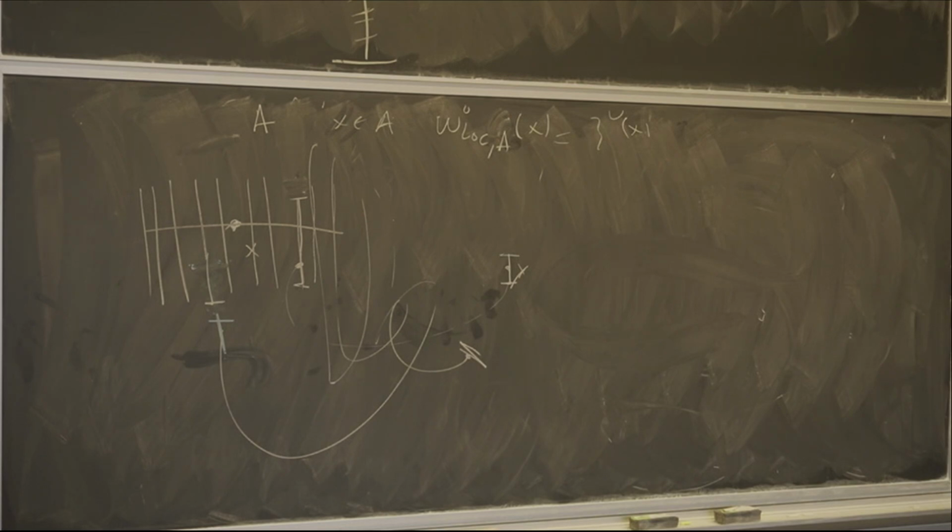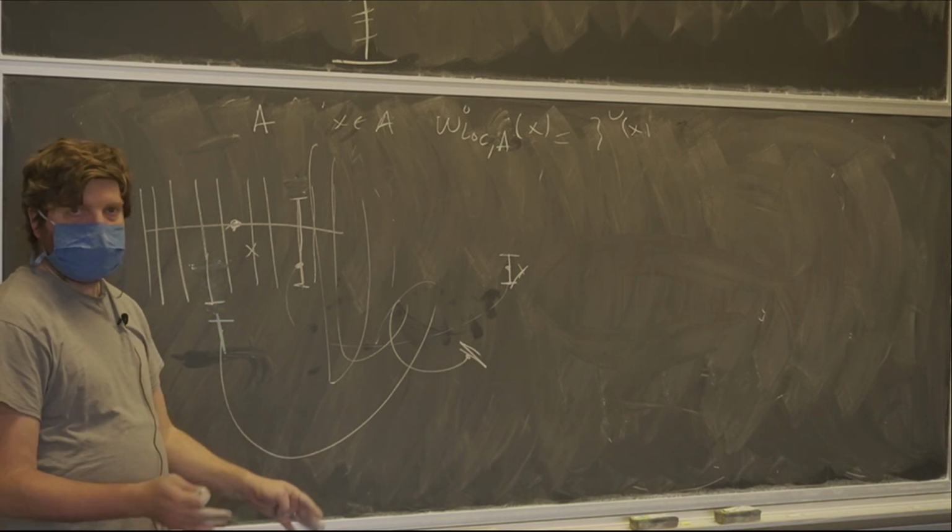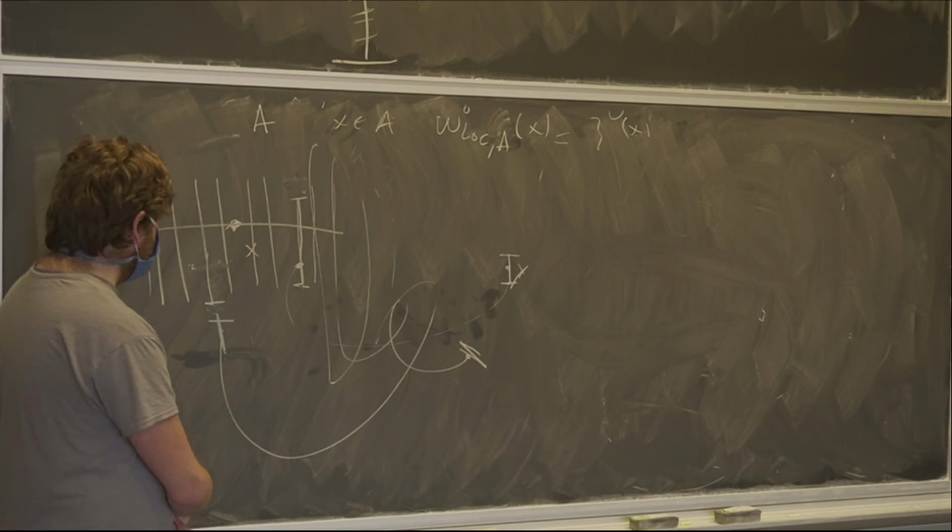And then you keep on arguing. Now if you try to make it work, you eventually land in a fact that you are cutting too much, and that's not good. So it's really a pain.